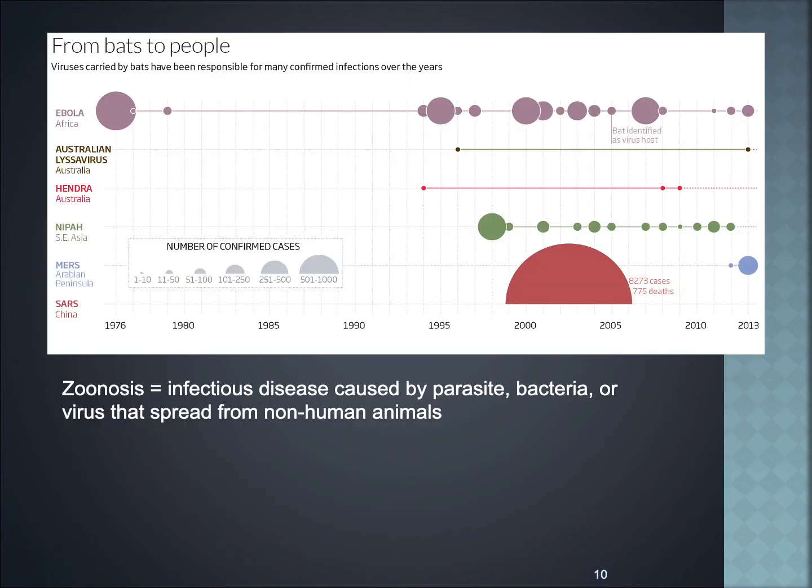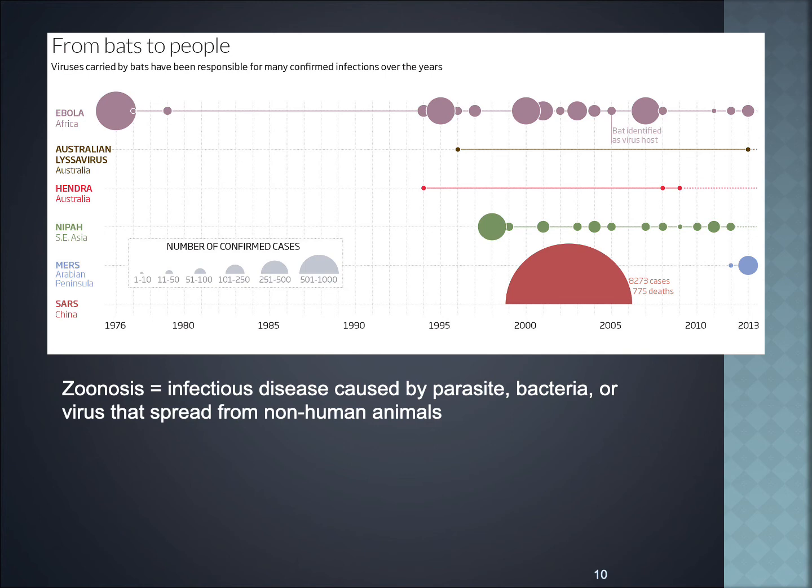We also want to think about the connection with the environment. So these examples that we've mostly looked at are people, but we know that some of our diseases are connected to environmental conditions. Malaria is always the classic example to go to with that one, although there are others as well.